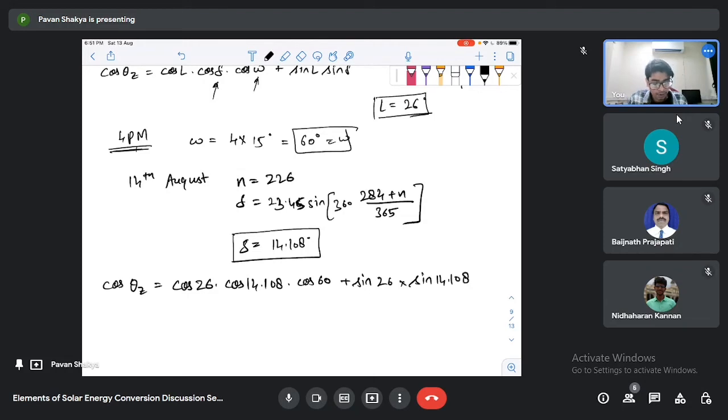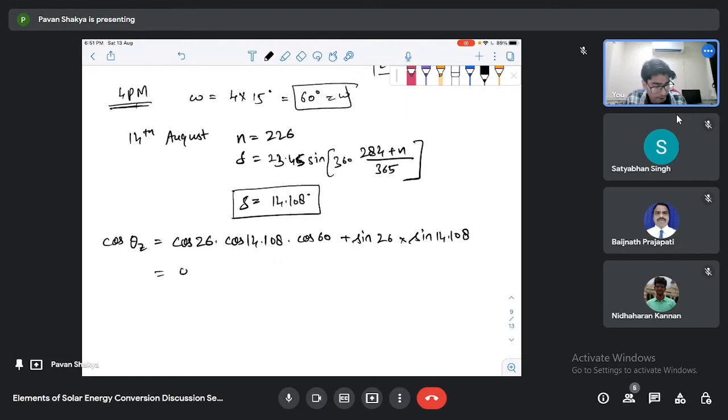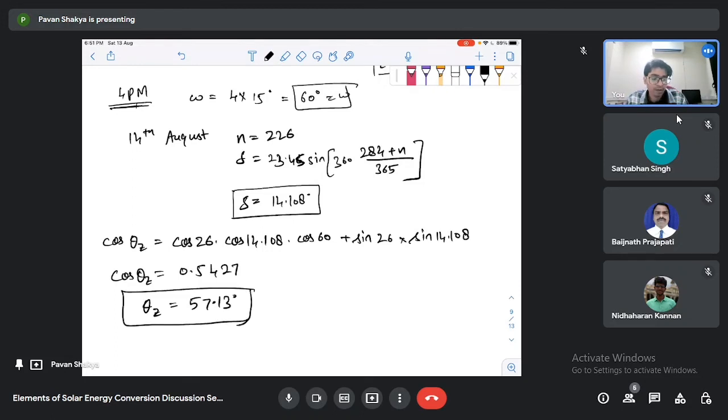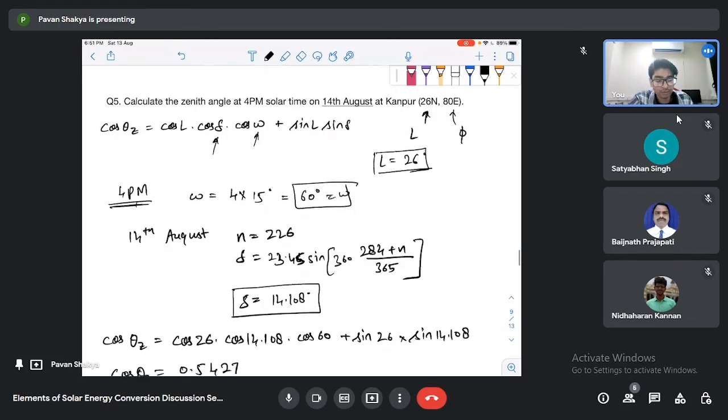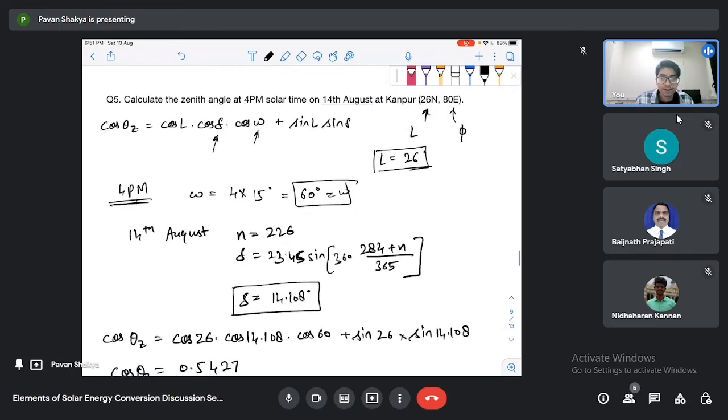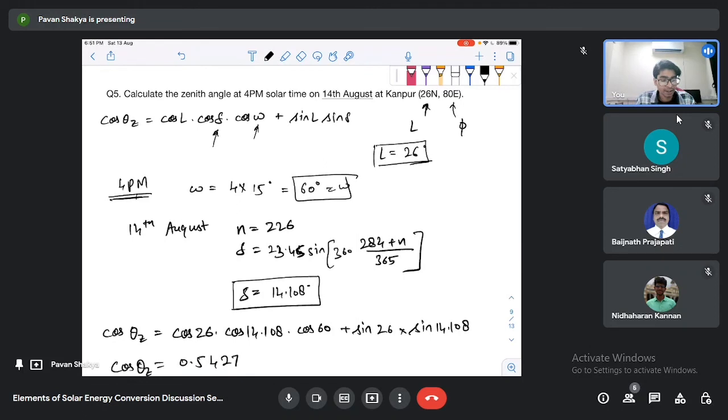When you solve this, you will find 0.5427. Then you take the inverse of cos, and you will find that theta z is 57.13 degree. So now we have seen that we can easily calculate this zenith angle.